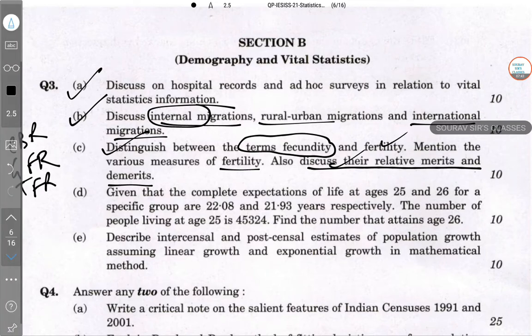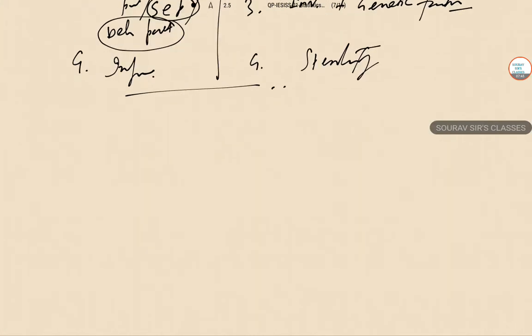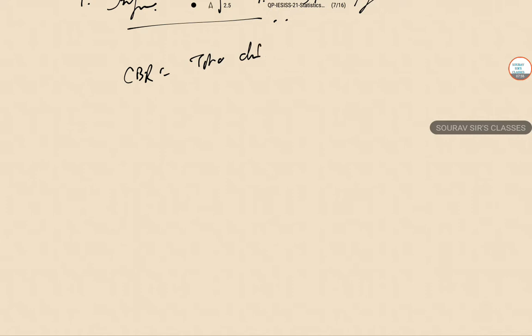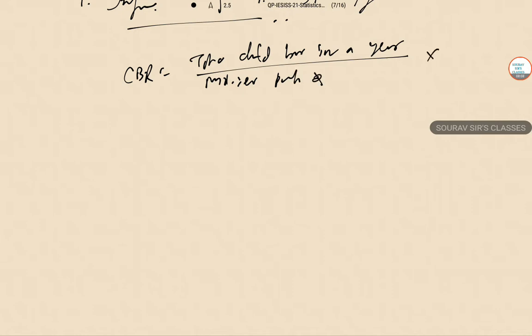So let me just give you a small idea of the calculations of these things. This CBR is nothing but the total number of children born in a year, divided by the mid-year population, times 1000.